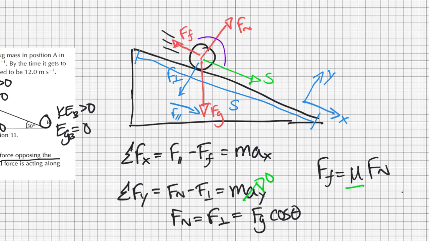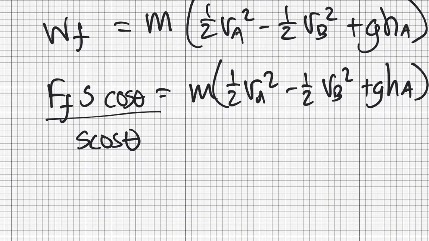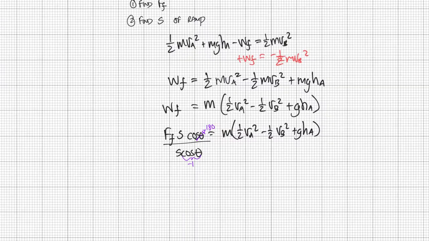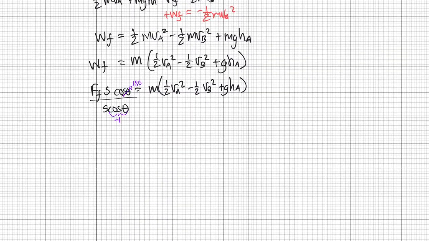So this is going to be an angle of 180 degrees. Okay. And really, we're not going to need that. So this is 180. That makes the cosine of this -1. And really, we don't need that. So we're just going to end up dividing each side by s.